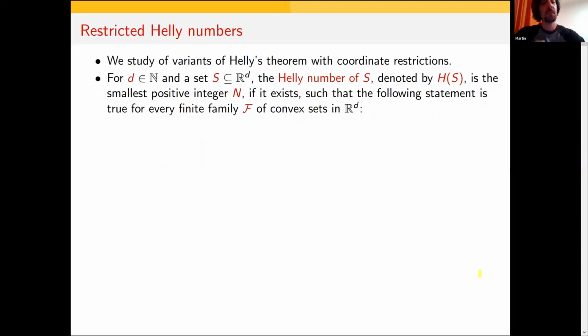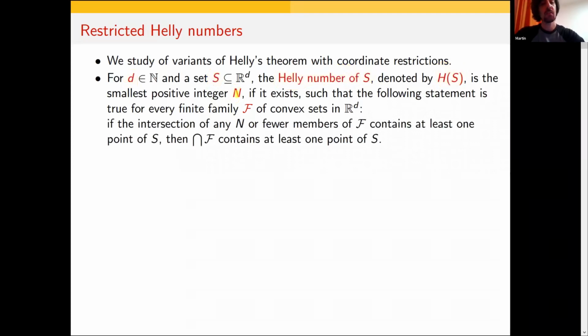So we will have some positive integer d, and we will have some set of points S in d-space. Then the Helly number of S, so the Helly number of this point set, which will be denoted by h(S), is the smallest positive integer n, if it exists, such that the following statement is true for every finite family F of convex sets in d-space.